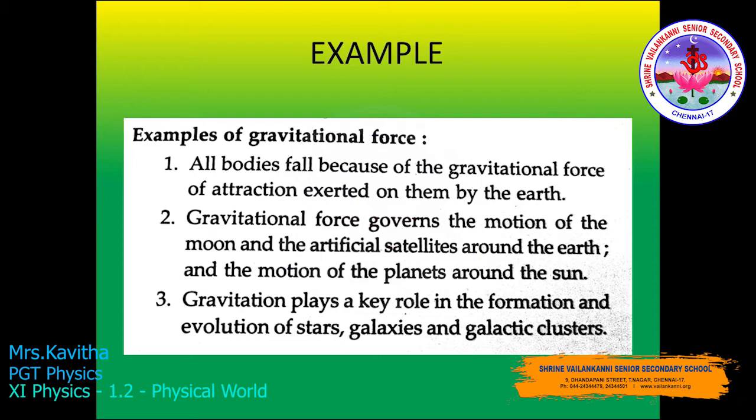That is called the gravitation. So the gravitational force governs the motion of the moon and the artificial satellites around the earth, and the motion of the planets around the sun. And also this gravitation plays the key role in the formation and the evolution of stars, galaxies and galactic clusters.